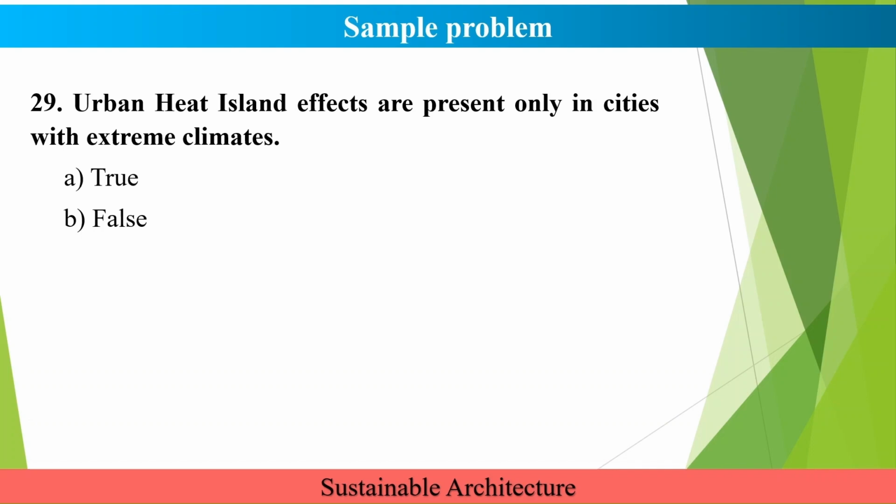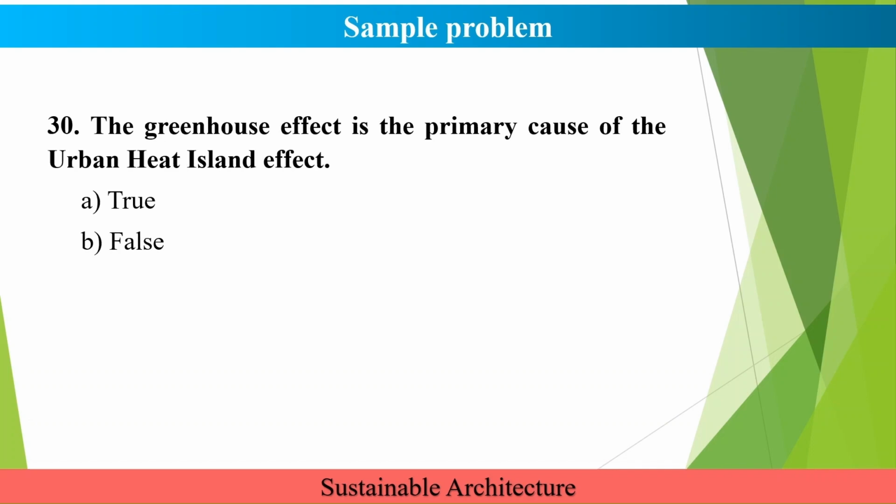Let's move to question 30. Here is question number 30. The greenhouse effect is the primary cause of the urban heat island effect. True or false? It is False.